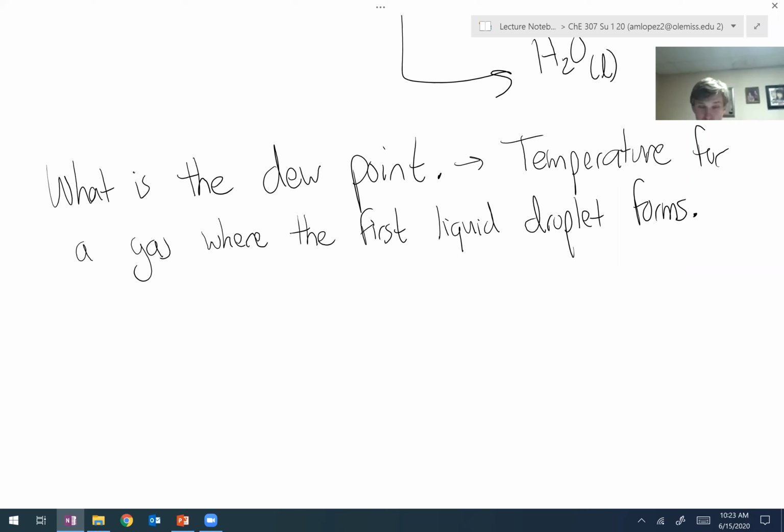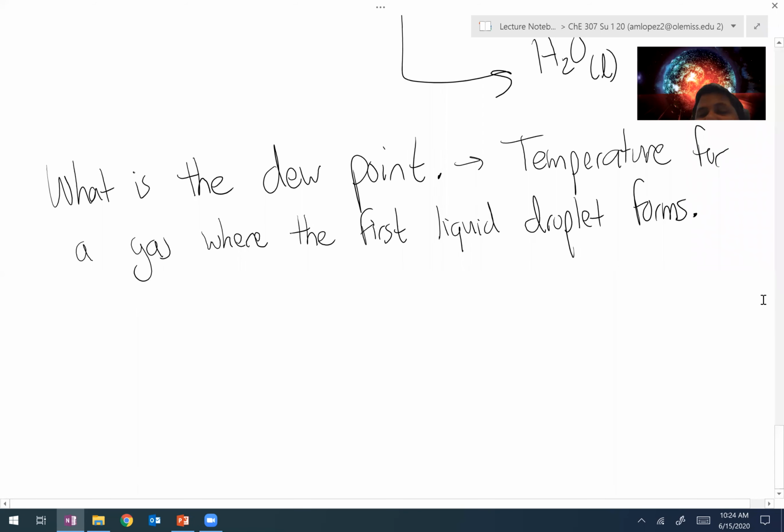What if we find our partial pressure of it coming in, or our partial pressure going out, and then use the table to find that temperature at the dew point? I like that method. So can you tell me what the dew point is? I'm trying a little bit different way of lecturing today to see if I can get some more discussion happening.